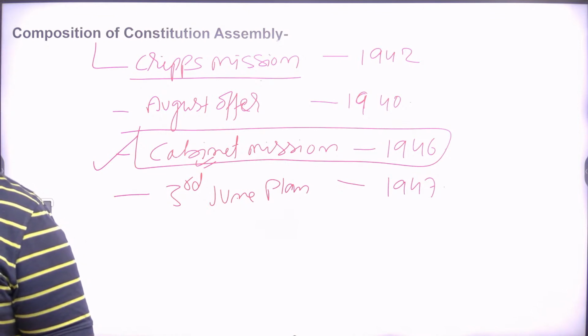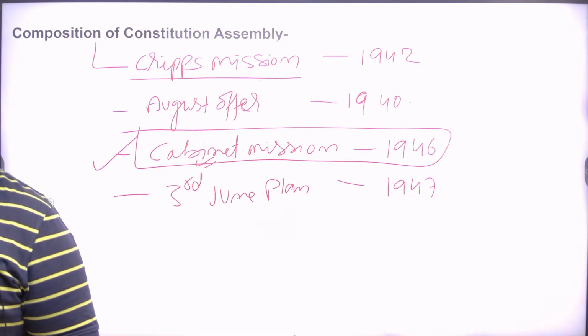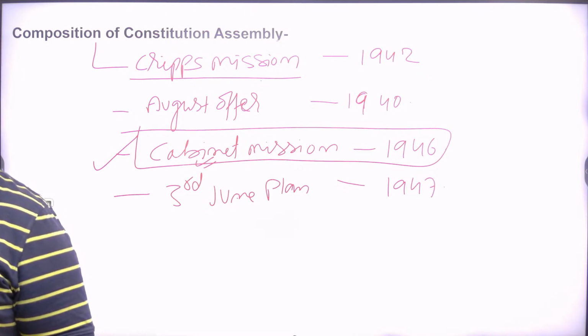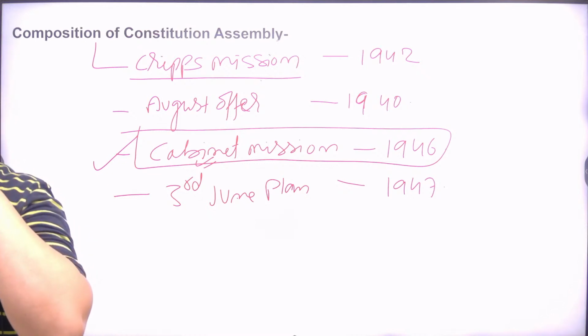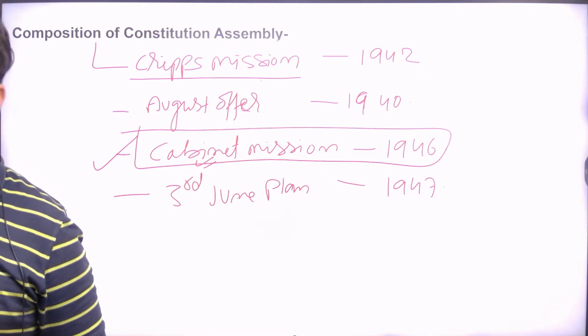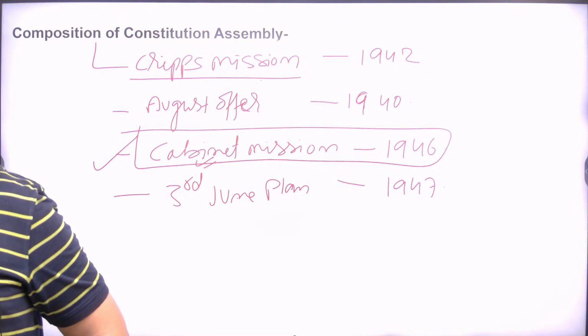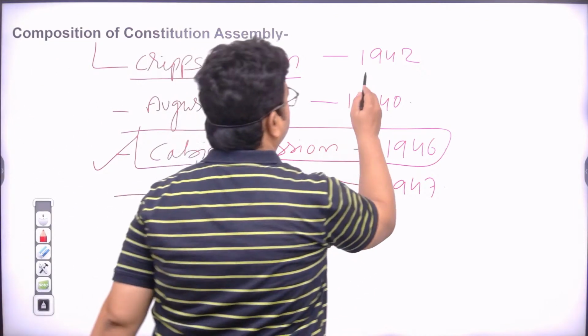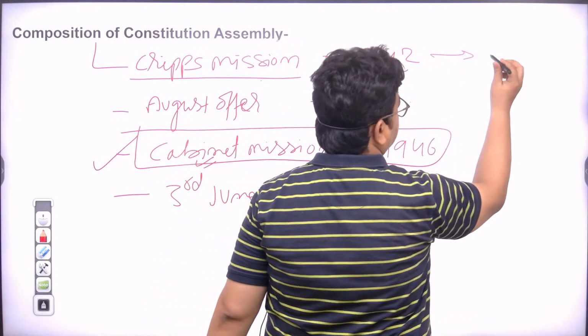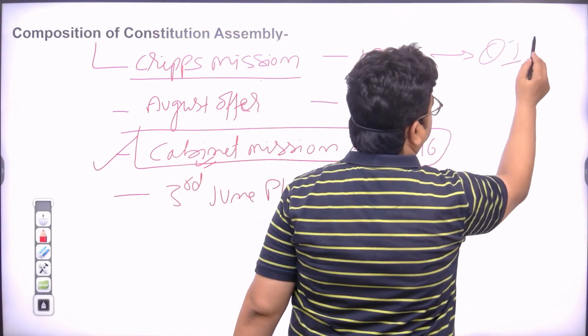Yes, because the Cripps Mission promised dominion status after World War II, but they were demanding Purna Swaraj, complete independence. And this was in 1942, and exactly after this, the Quit India Movement happened.